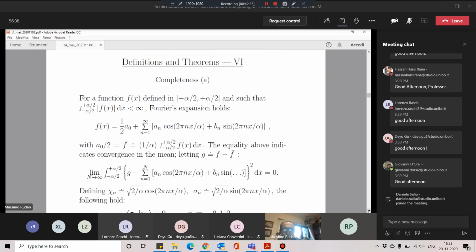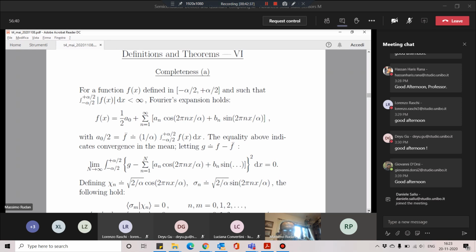Another fundamental property of the set of the eigenfunctions of operators goes under the name of completeness. In order to introduce completeness, we take the very well-known example of the Fourier expansion.